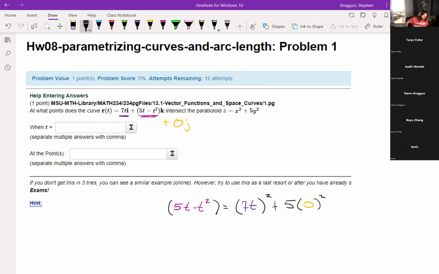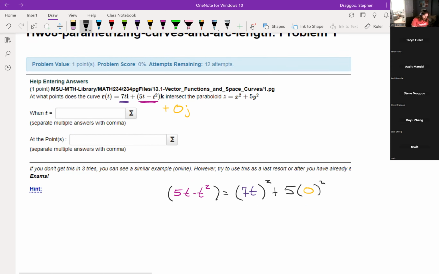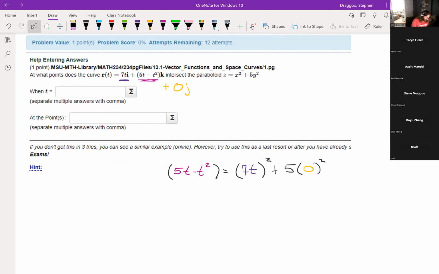So just substituting that stuff in. And now solve that equation for t. On the left, nothing really to simplify. I'll just drop the parentheses. 5t minus t squared is equal to, on the other side, 7t squared is 49t squared.